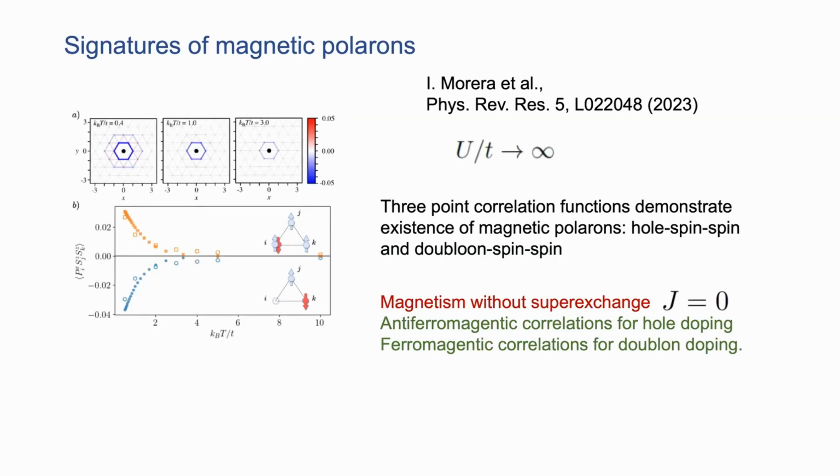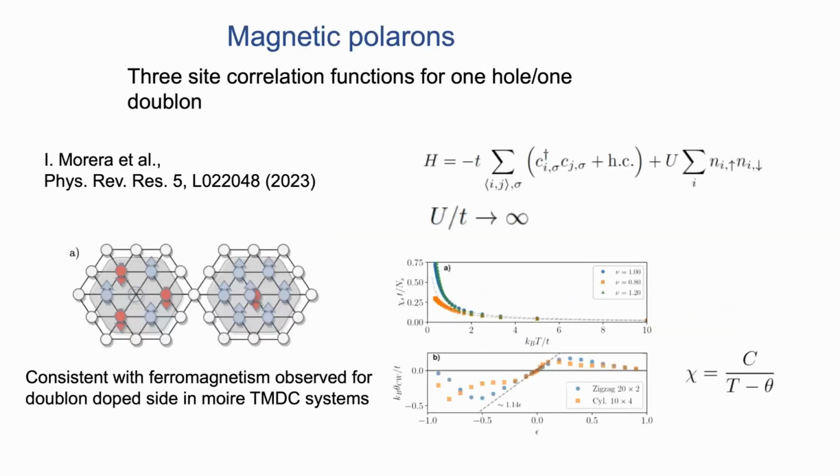On the other hand, when we change doping from hole to doublon, then we no longer have this minus sign, right, when we go from electrons to doublons, and therefore we're in the domain of traditional Nagaoka physics, and the spin correlations which are induced by the doublon are ferromagnetic.